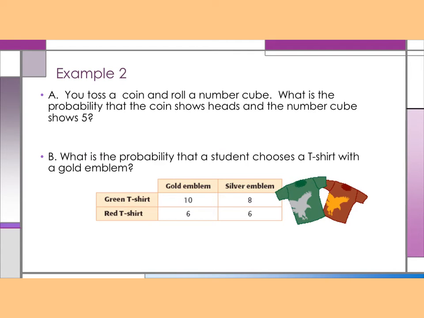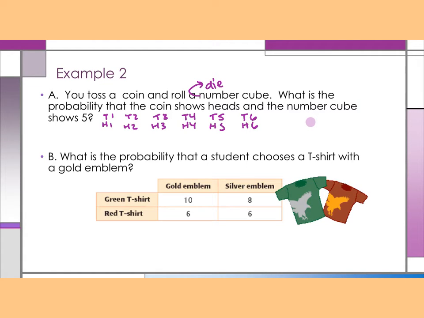All right, example 2. You toss a coin and roll a number cube. This is the same thing as a die. What's the probability that the coin shows heads and the number cube shows 5? So remember we did these. This was the T1, T2, T3, T4, T5, T6, because you're doing a coin and a number cube, or H1, H2, H3, H4, H5, H6.